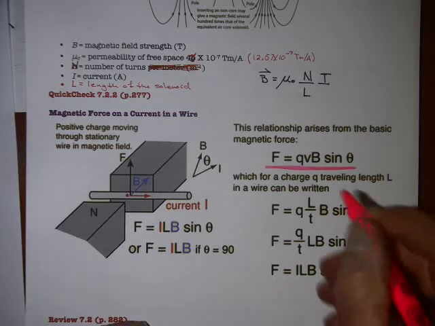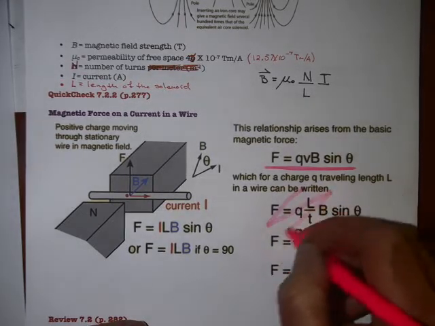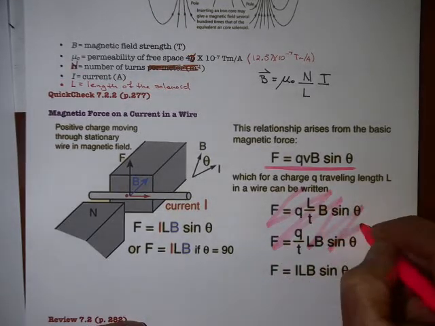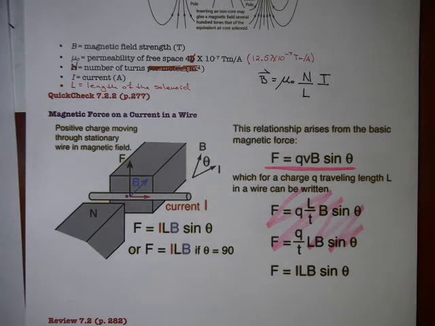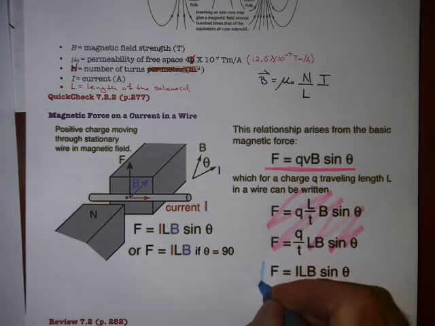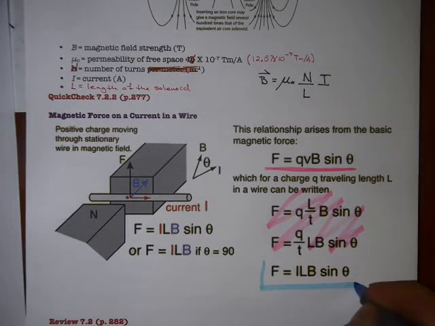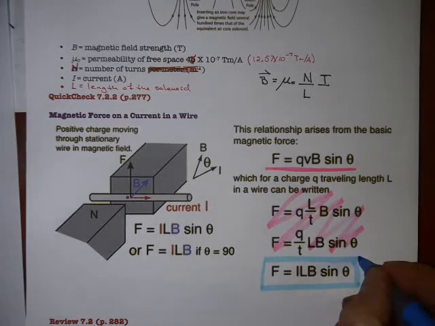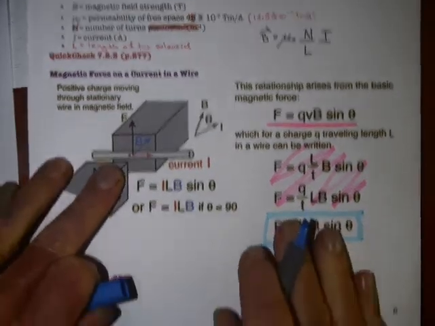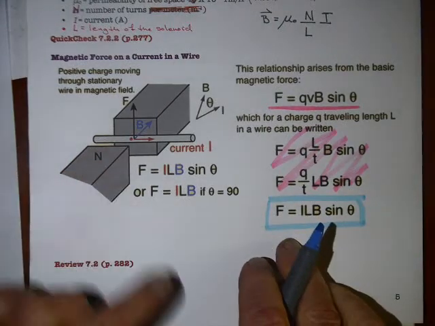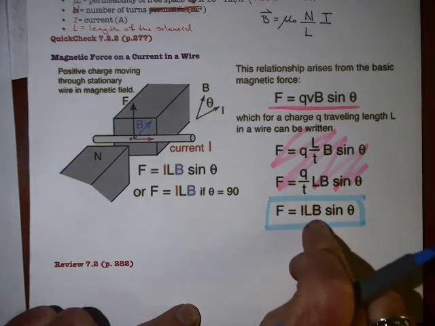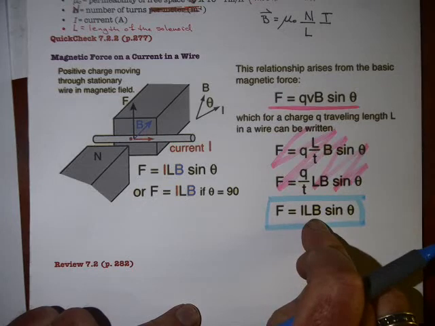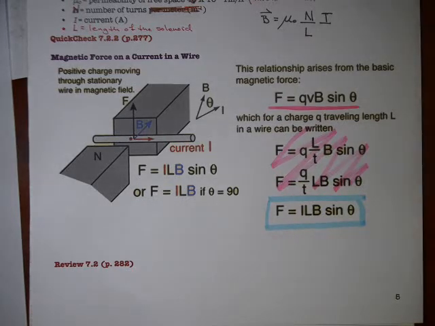Ignore this, because all of this is just deriving this final one, which is the important one. I suggest on your card you maybe even do a doodle of this and write this down.